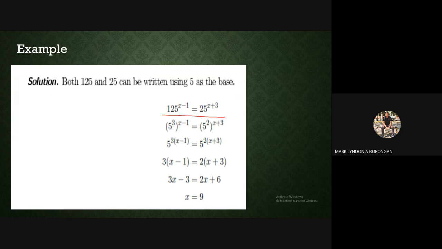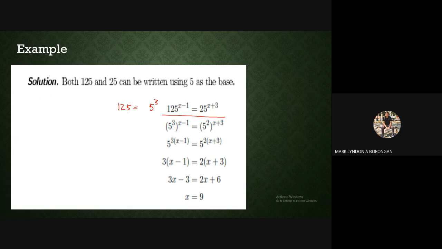What are the factors of 125 that can be transformed into an exponential function? 125 can be written as 5 to the power of 3, okay?